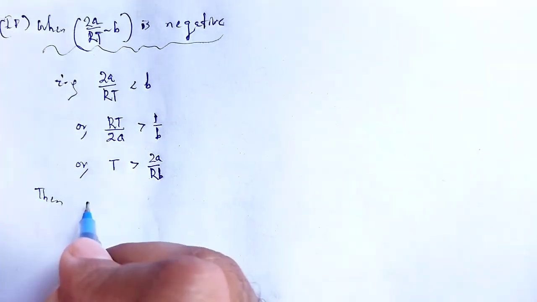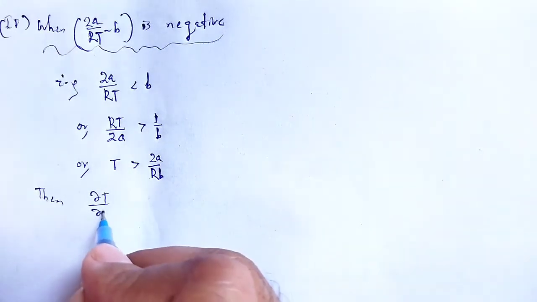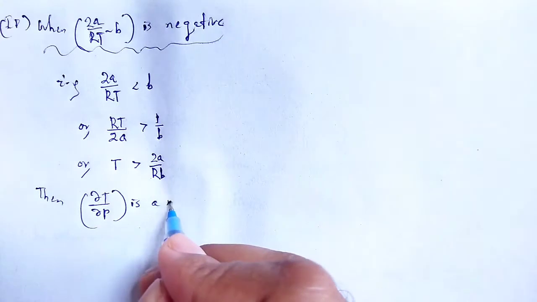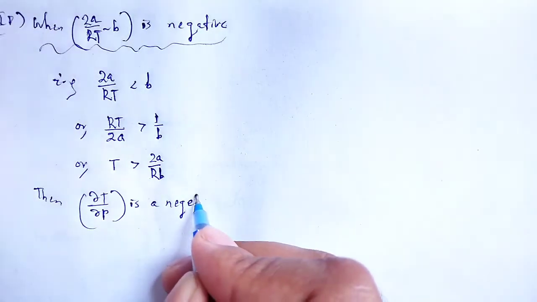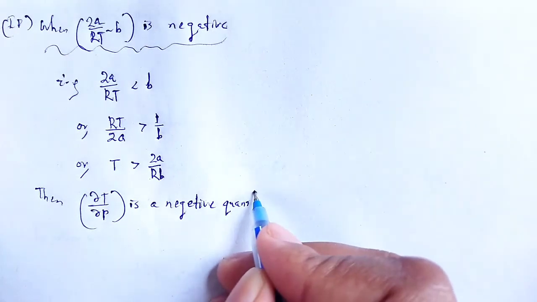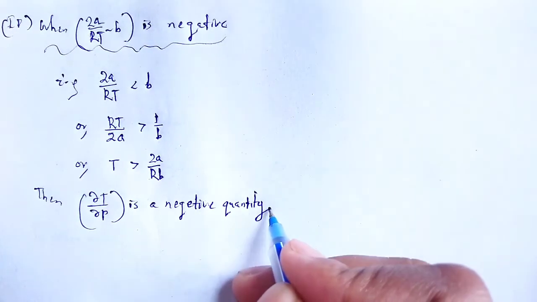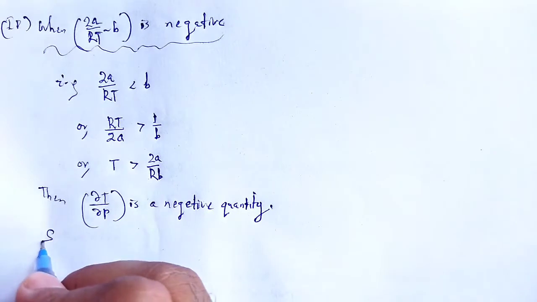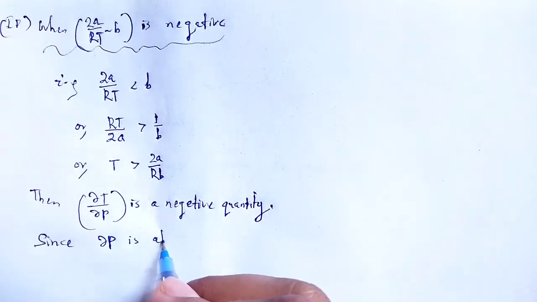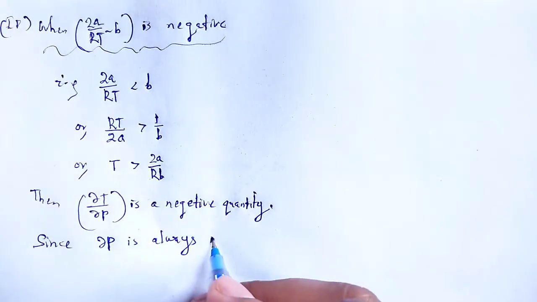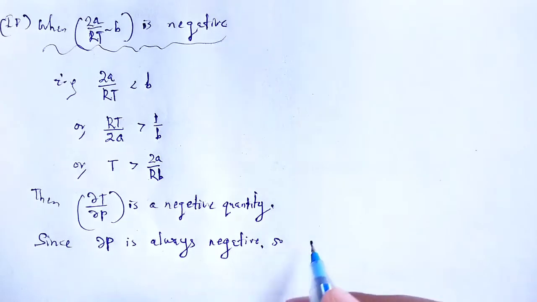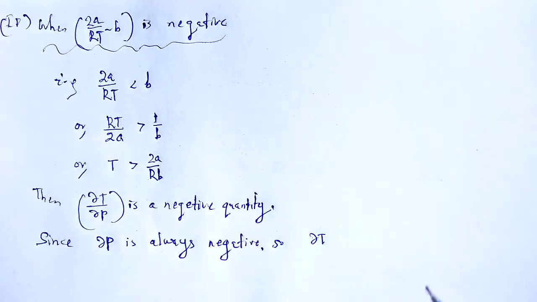Then the quantity del T by del P is a negative quantity. Then what happened here? Since del P is always negative, so del T will be a positive quantity.